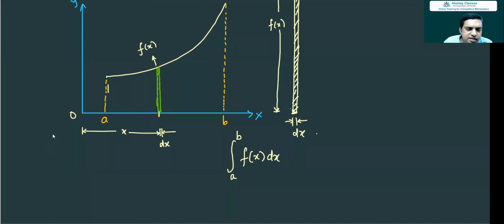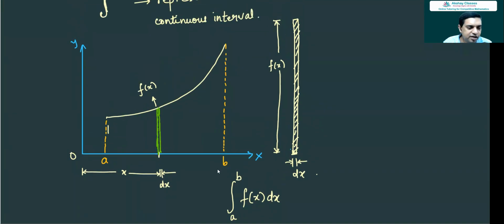So this is the concept of integration. This gives the area under the curve. This is the definite integral. So I hope you get a very clear picture of what is a definite integral.